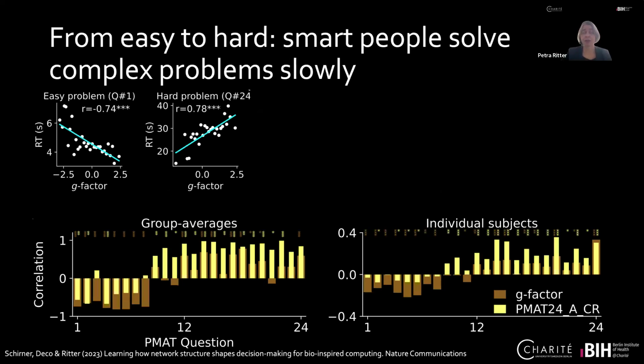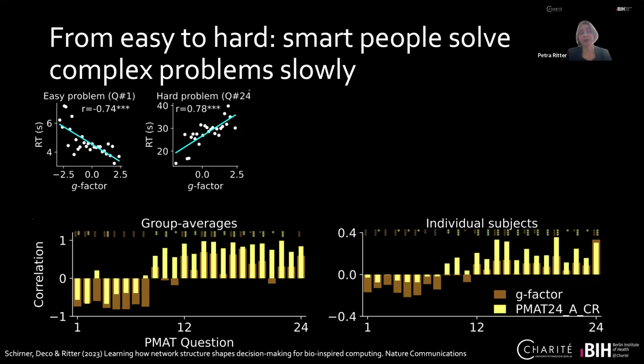And now we look at the performance metrics of the real individuals, not the digital brain twins. And what we see here is the reaction time for the first, very simple, of the 24 tasks in relation to the general factor of intelligence.